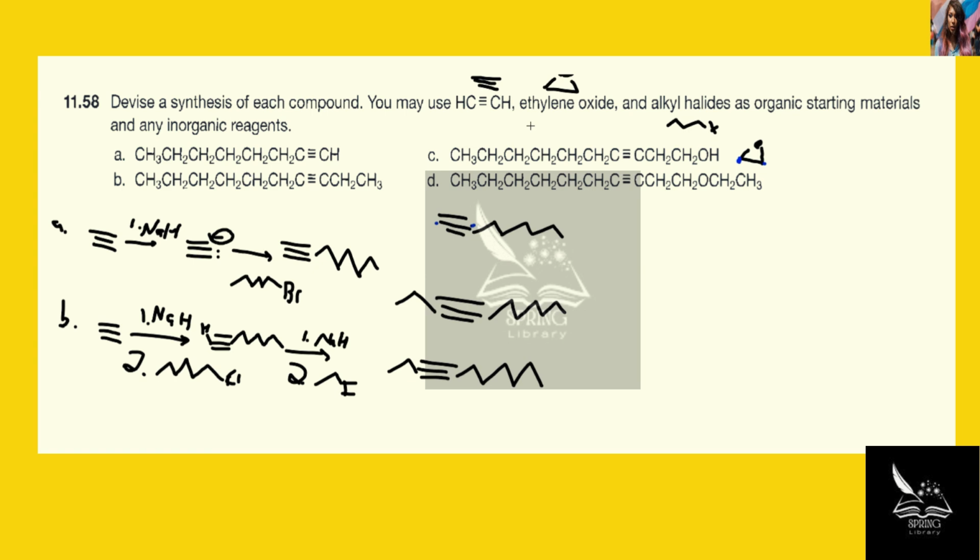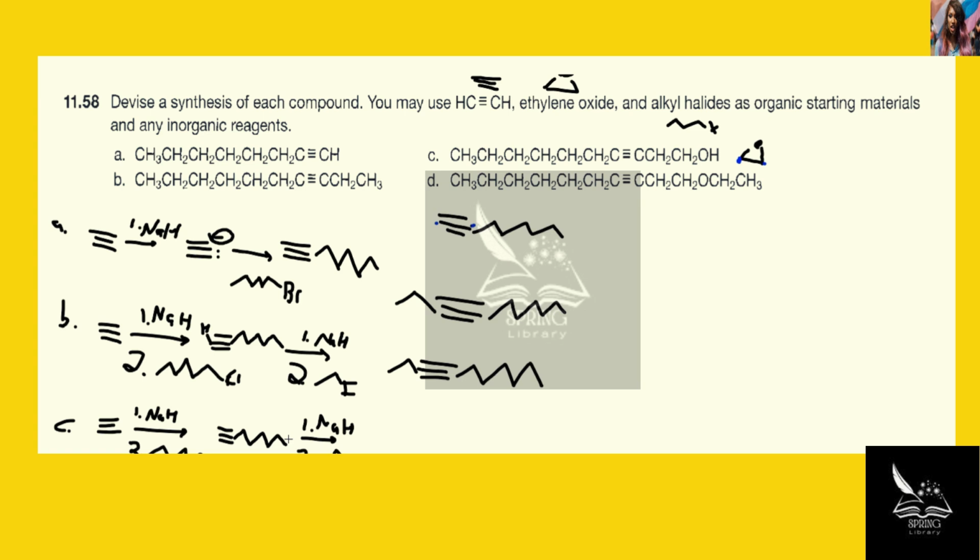So for C, let's do the same thing. We're taking acetylene and adding 6 carbons to it to make that one side, using the 6 carbon chloride. But now we're going to add sodium hydride to make a carbanion. Then our electrophile this time is going to be ethylene oxide.